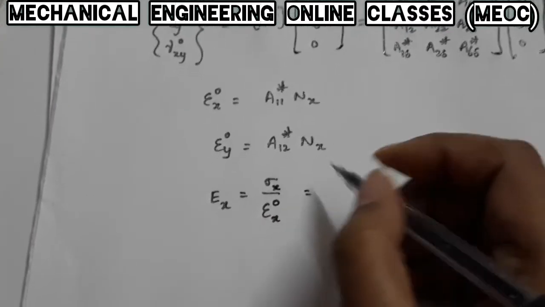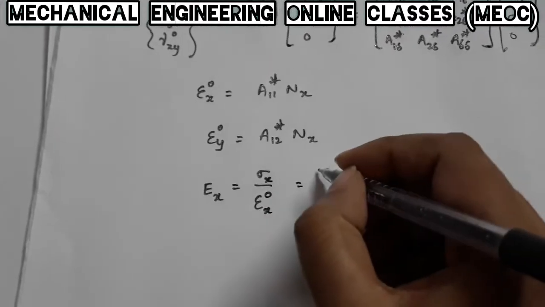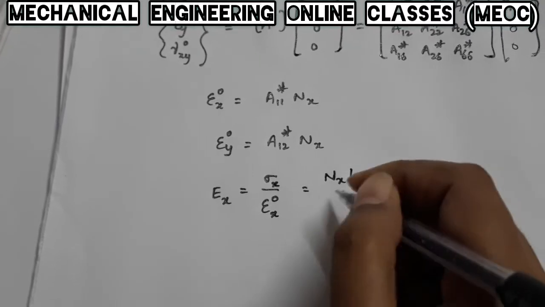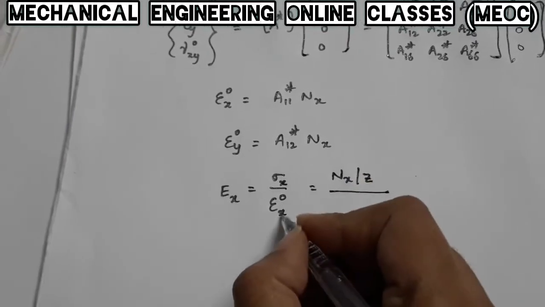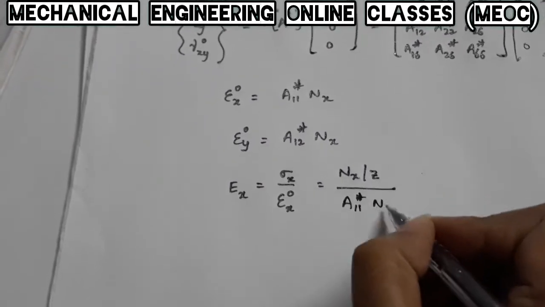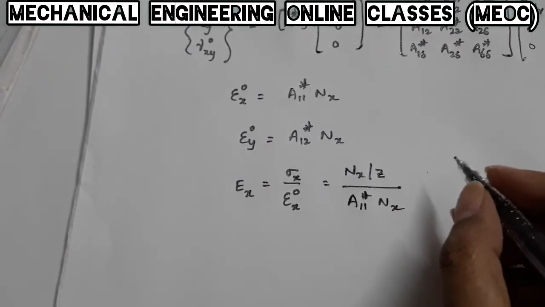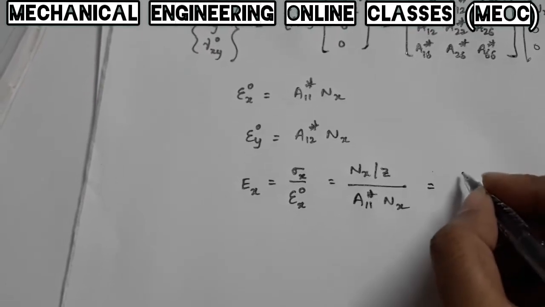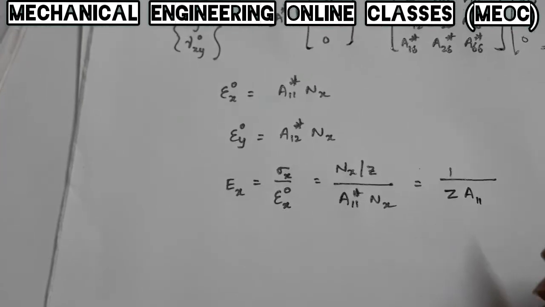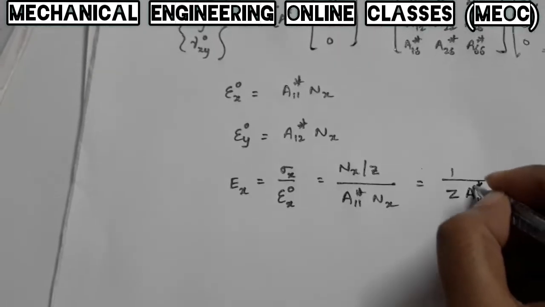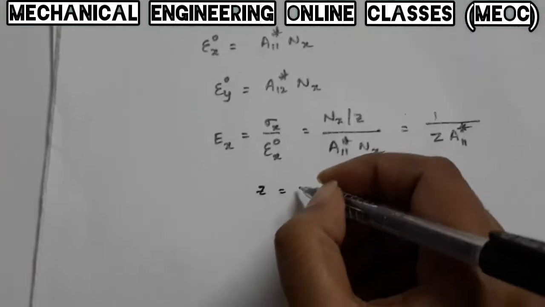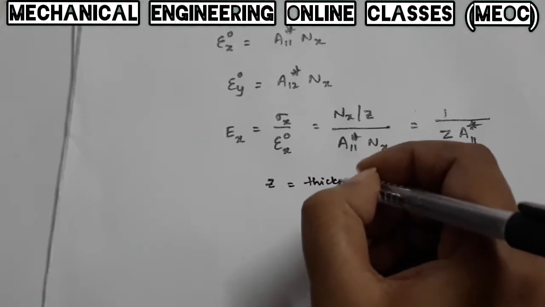So as we know that sigma value is nothing but nx by z divided by epsilon x naught is A11 star into nx. So if I simplify this, I will get it somewhat like this: 1 by z into A11 star. So what is z? We know that z is the thickness of the laminate.